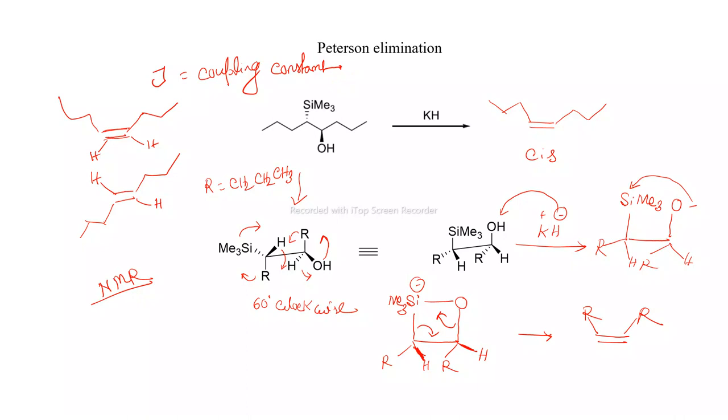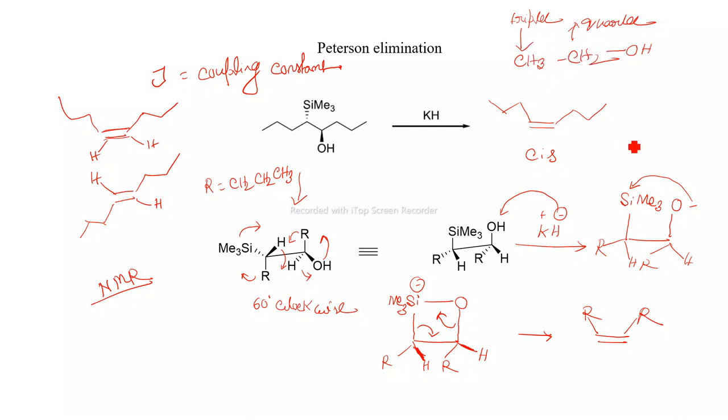So the coupling constant is basically, suppose we know CH3CH2. This CH2 will show a triplet because of n plus 1, right? And this will show a quartet. So this will show a triplet and this will show a quartet.